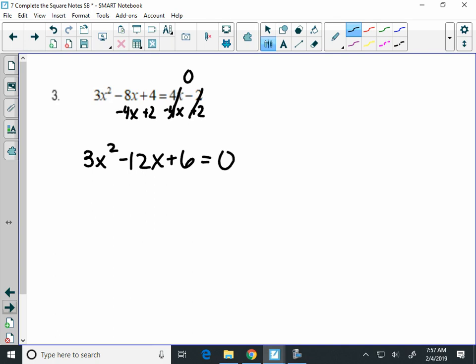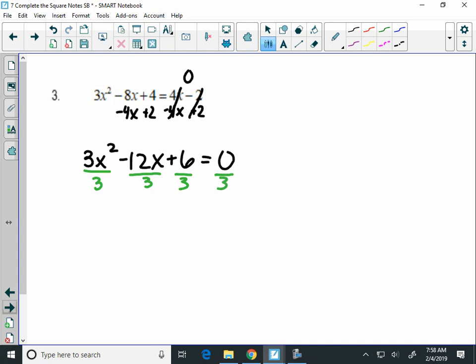So at least now we're set up to solve a quadratic because we're set equal to 0. The next thing we have to watch for here is that the leading coefficient this time is 3, and we want the leading coefficient to be a 1. So in this unit, what we're going to do is divide every term by 3.